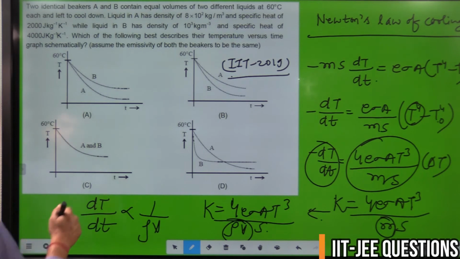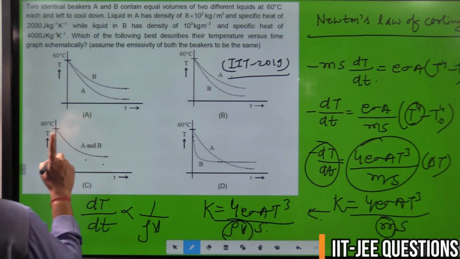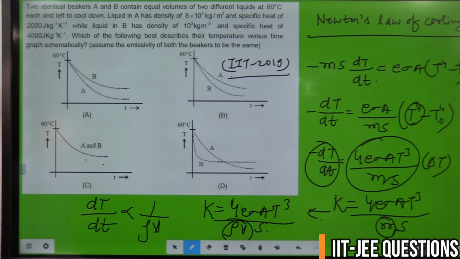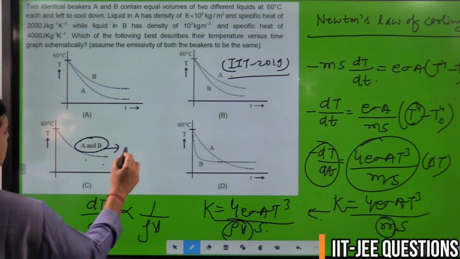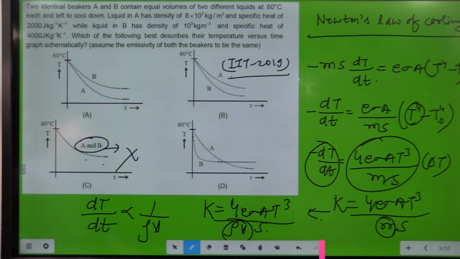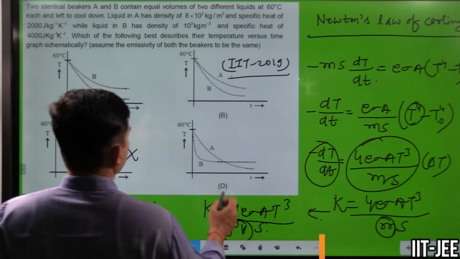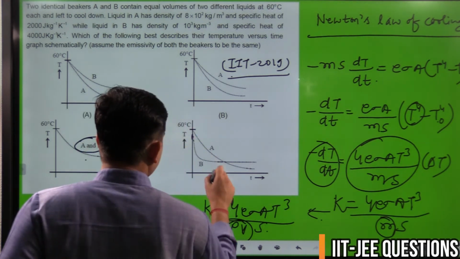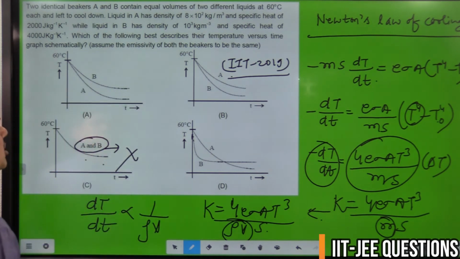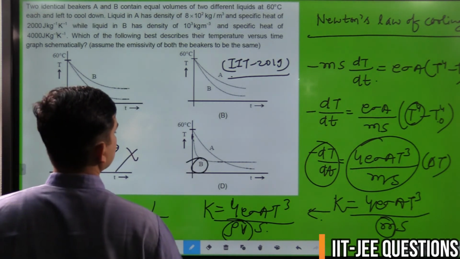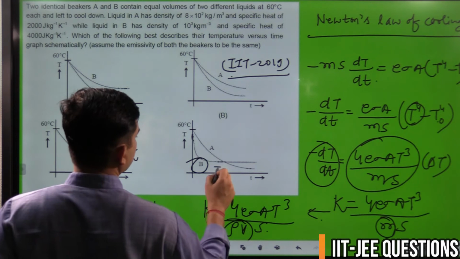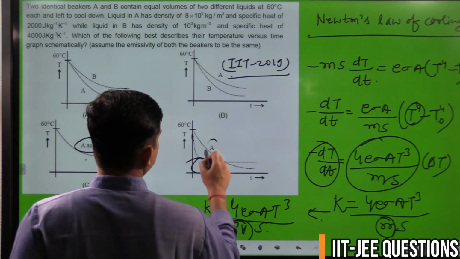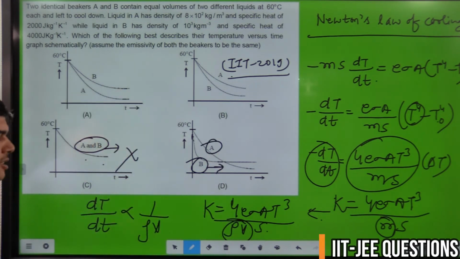In this graph, we have only one curve. It means both A and B have the same curve, which is not possible because both are different liquids. In this curve, temperature of B is decreasing rapidly and temperature of A is decreasing slowly.